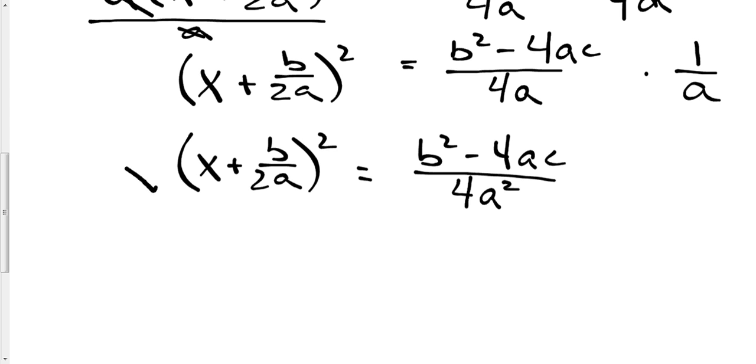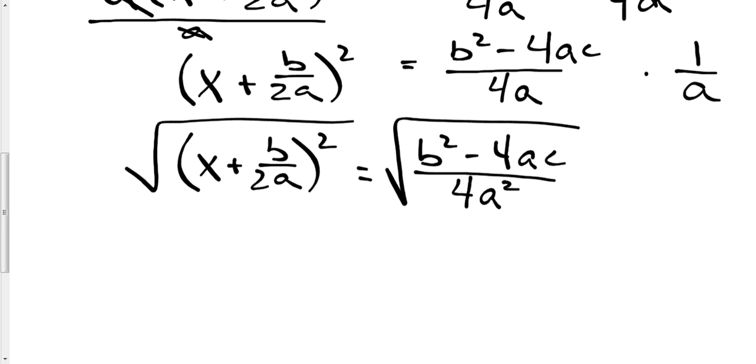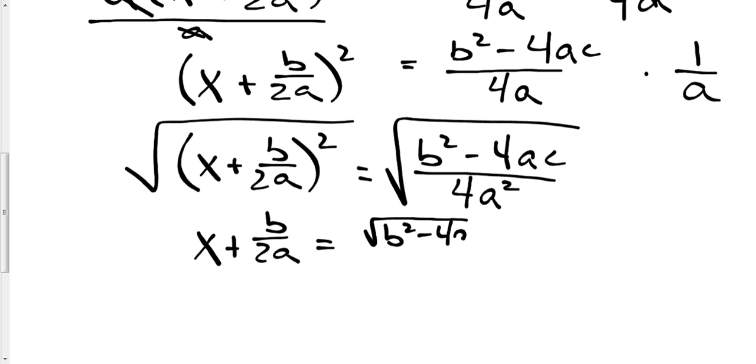Now what? Square root both sides. Starting to look familiar? What's the square root of a squared term? Just the term. So x plus b over 2a equals, can I take the square root of this? No, so let's just keep that in a bracket. What did I forget?